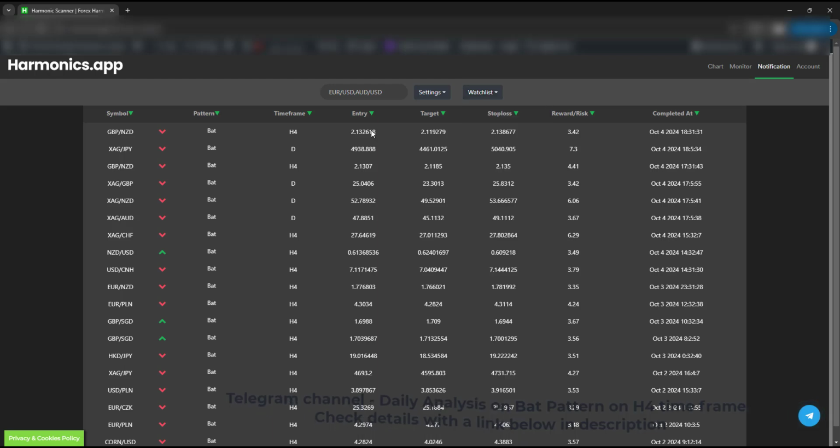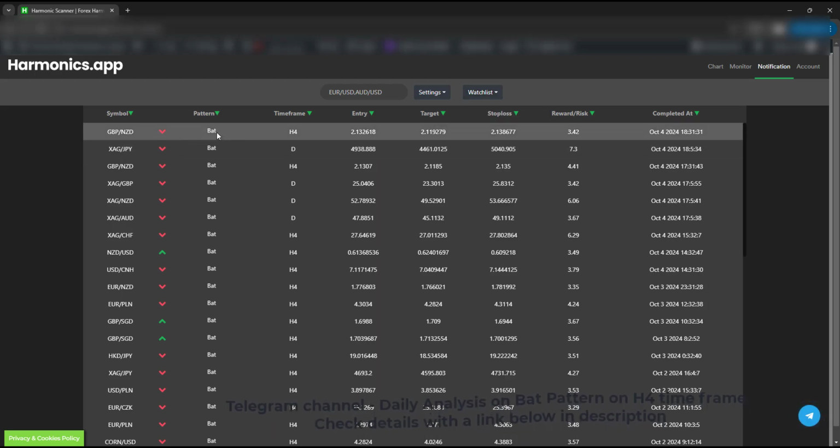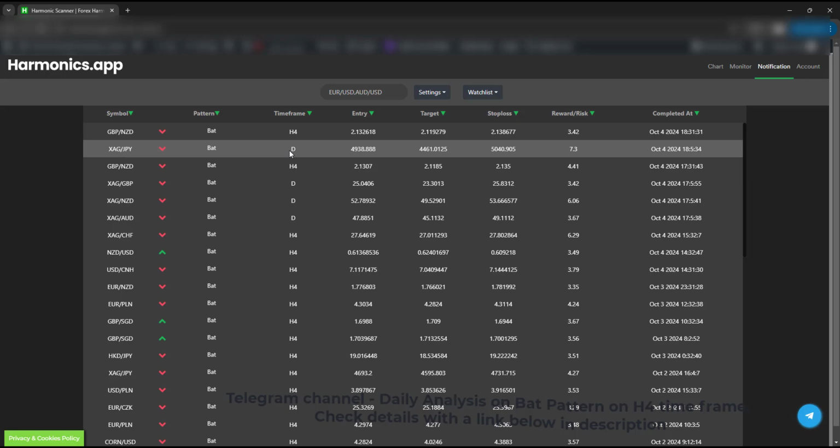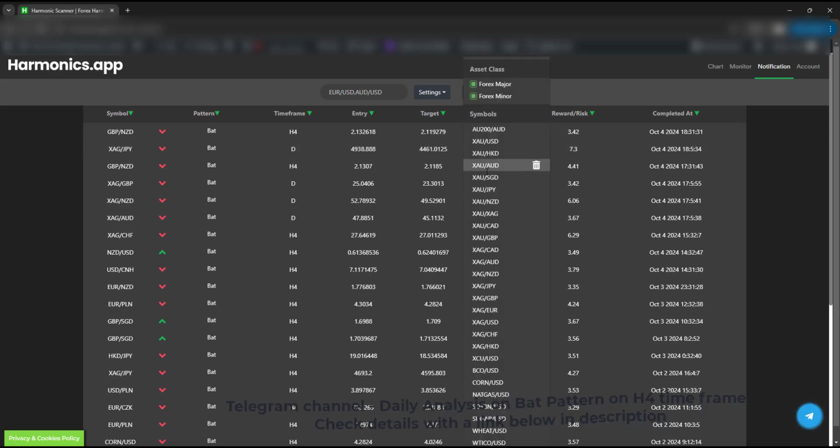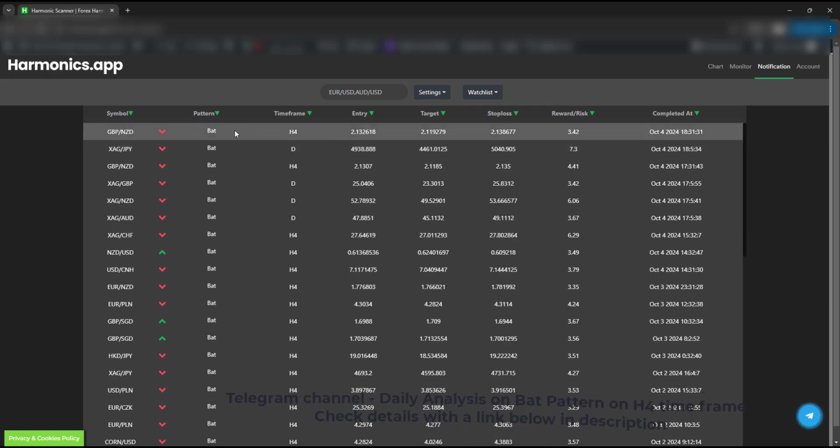Whenever the scanner detects this bat pattern on the 4-hour or daily time frame on these symbols, it will populate this table here. So for example, for this GBP New Zealand dollar, when this pattern has been detected, it has been sent to you over Telegram with a link.